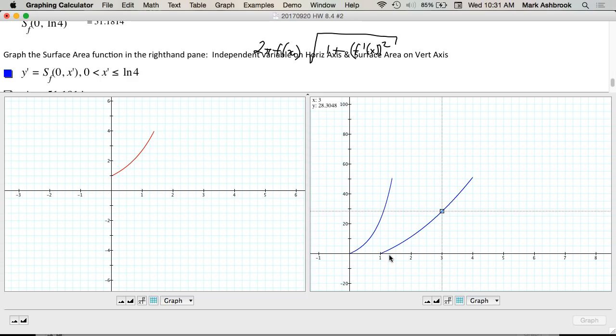And this one now, these values here are y values, the one we looked at before. So this is tracking y going from 1 to 4 and tracking the surface area that way. But when we get done, it's the same surface area when x gets to ln of 4 versus y getting to 4. It's the whole surface area of that whole thing.